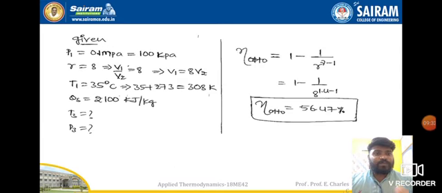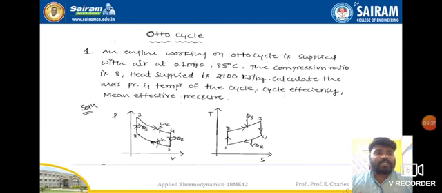If you glance through the problem, the PV and TS diagrams carry marks in the university examination. For this diagram at least 2 to 3 marks will be given. Students who neglect the PV and TS diagram will have those marks deducted.